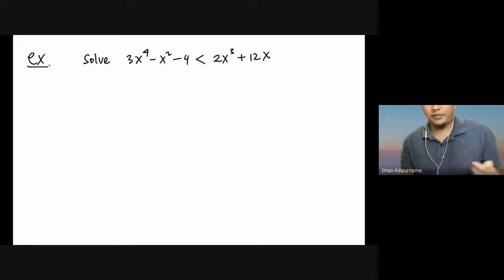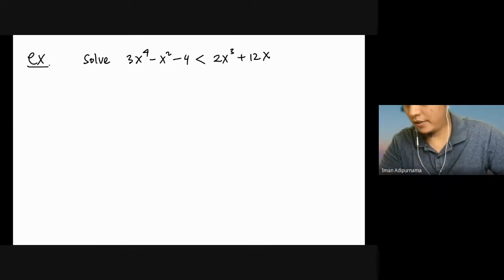Okay, let me give you a few minutes to check and to try finding the solution. There's only two sections in this one: the polynomial inequality and the rational inequality.